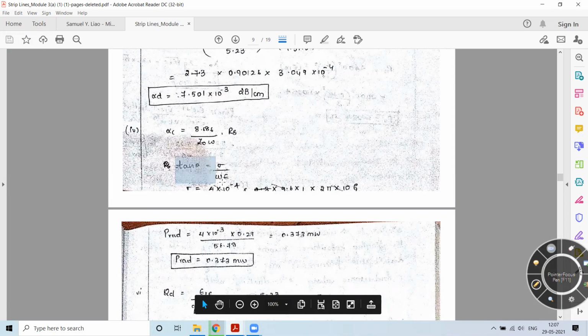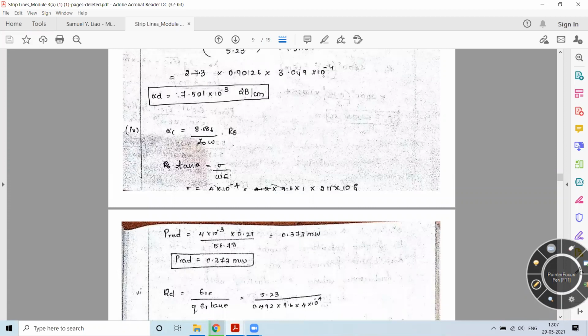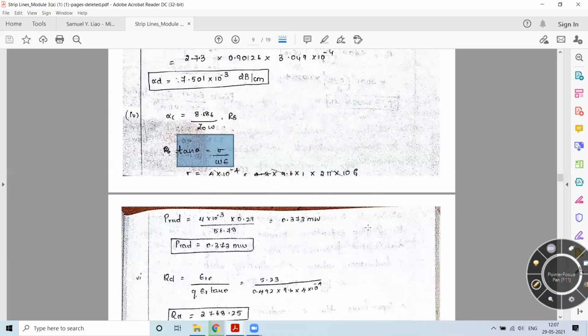For that case, since a few of the parameters are not specified, we can make use of the loss tangent equation and obtain the values which are required.